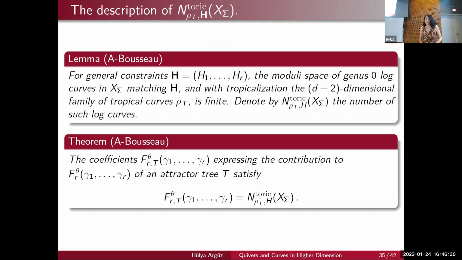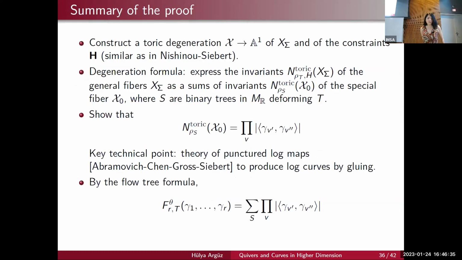I will tell you a summary of the proof. To prove this, the first step is to follow a slightly similar strategy as in Nishinou-Siebert. We first consider a toric degeneration of our toric variety. And in this degeneration, we also consider a degeneration of these constraints. And we have a degeneration formula which allows us to express invariants of the toric variety in terms of the counts of log curves in the central fiber of such a degeneration.